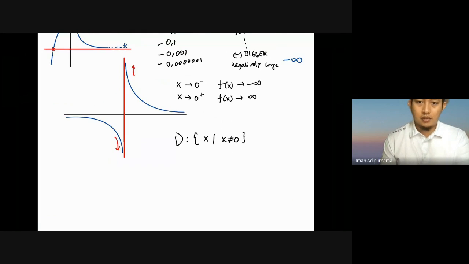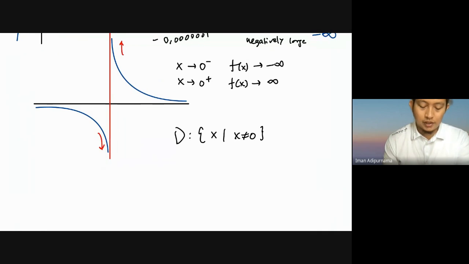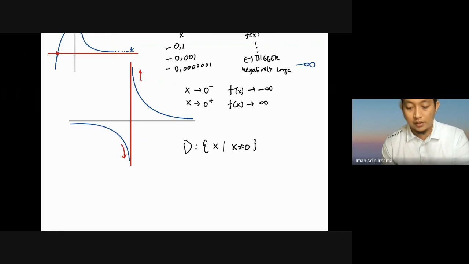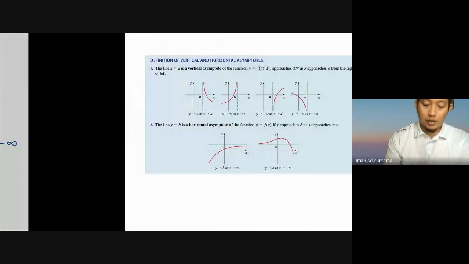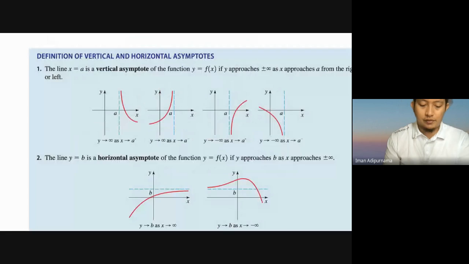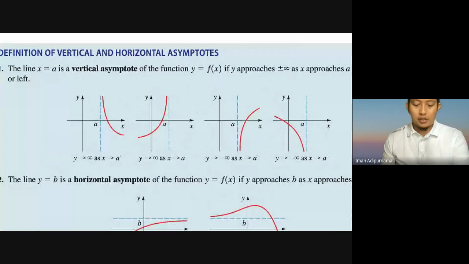Okay. So from here, we can get some definitions on the asymptote, at least the vertical asymptote, and later the horizontal asymptote. We can check the definition first. So we have x equals a as a vertical asymptote.